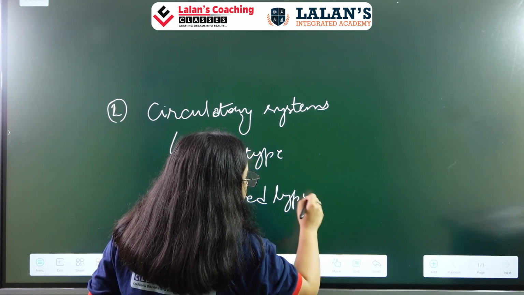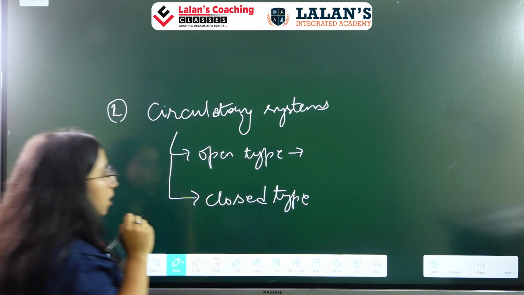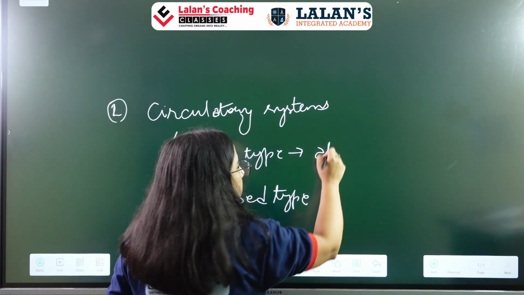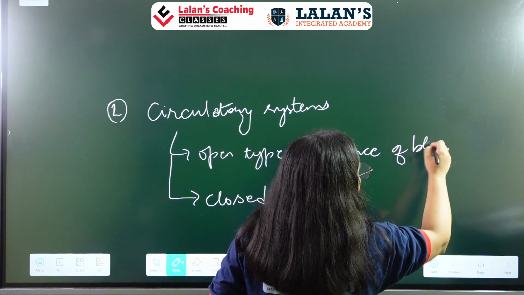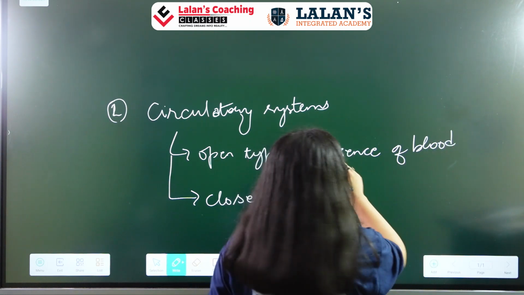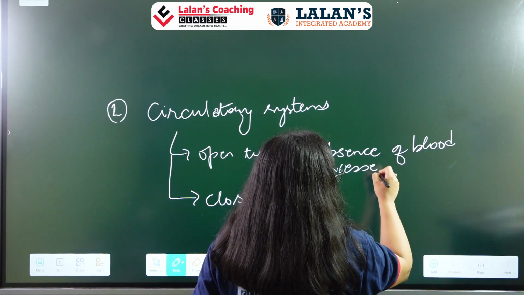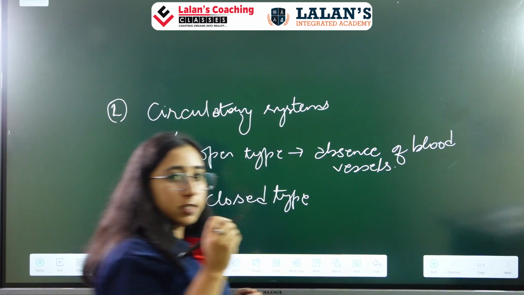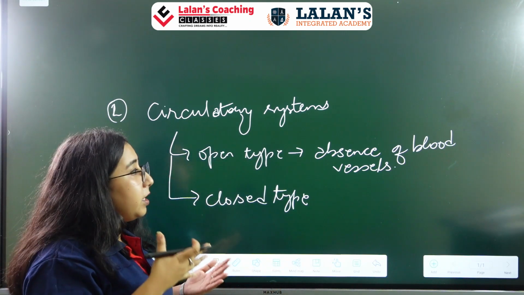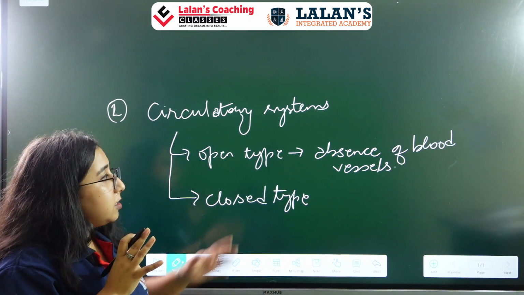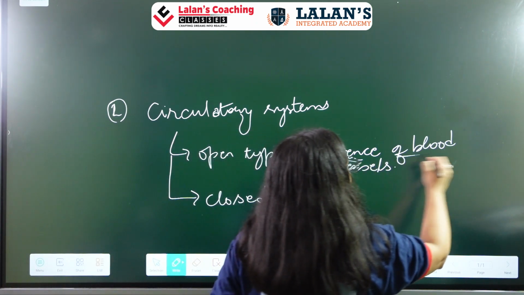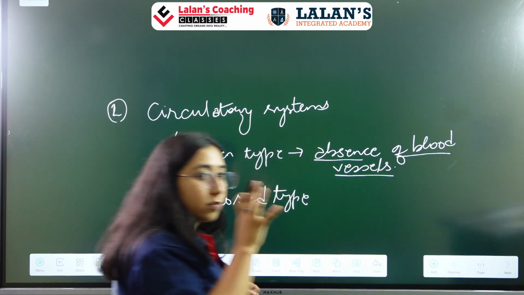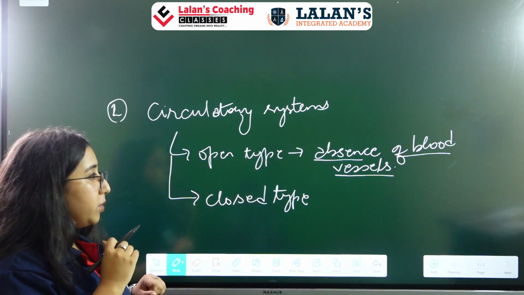Now in the open type of circulatory system, there is an absence of any kind of blood vessels, because of which all the organs present in the organism's body are bathed with blood. Since blood is not flowing through any pipelines, there is an absence of blood vessels. So the entire internal body of the organism is filled with blood.